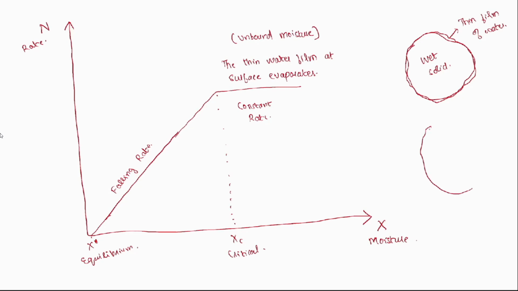Now, when it comes to the falling rate, once all this surface water gets evaporated, the moisture present inside this wet solid has to come out to the surface, and only then can it be dried. So the moisture present in the bulk of the solid has to come out to the surface of the solid.